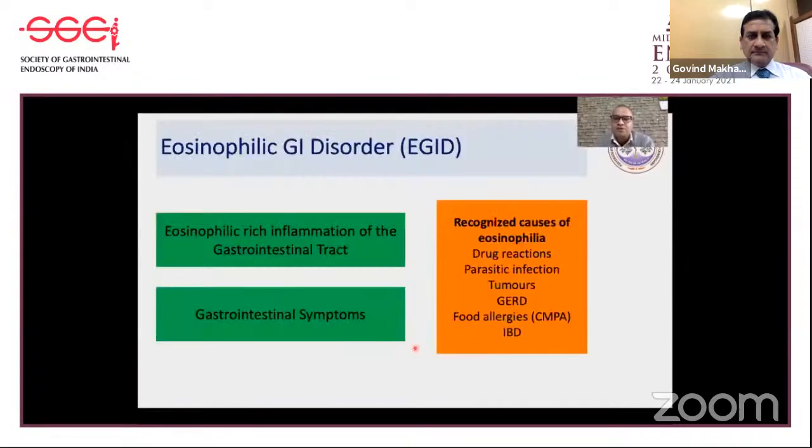The diagnosis of eosinophilic gastrointestinal disorders is to be made only in the presence of gastrointestinal symptoms apart from the presence of eosinophils in the gastrointestinal tract. And this is only after recognized causes of eosinophilia have been excluded, like the ones we have already talked about.